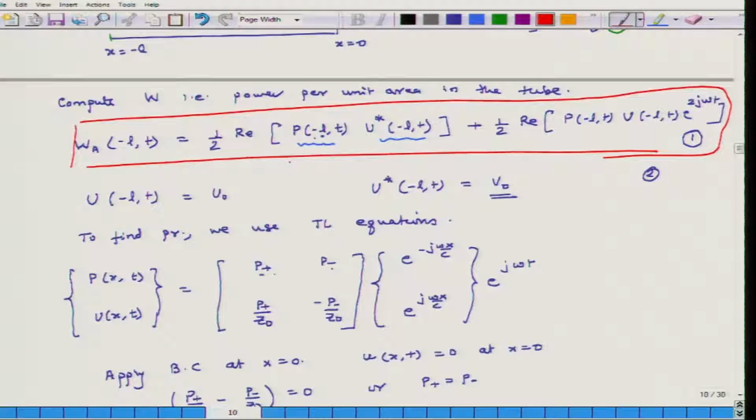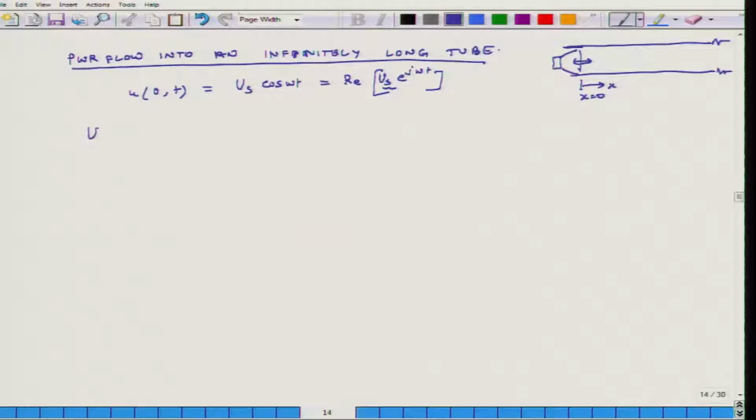If we are able to do that we will be able to calculate power flow for this tube. U at 0, omega is u_s, and u star at 0, omega is again u_s, that does not change.